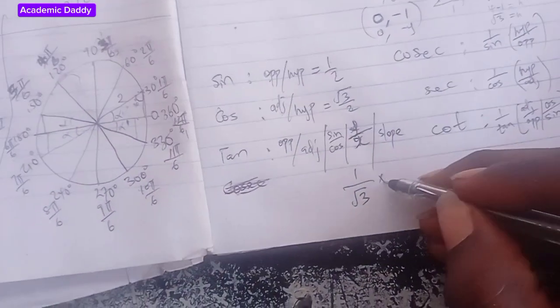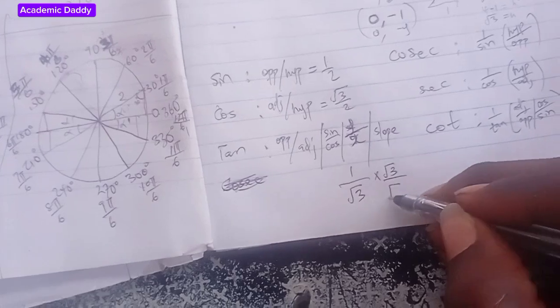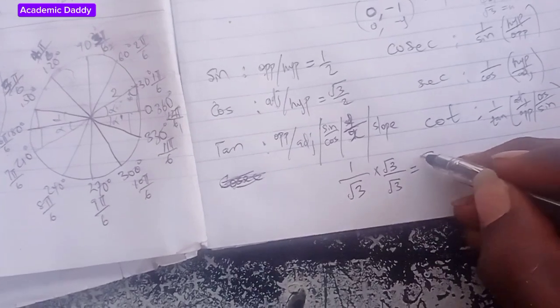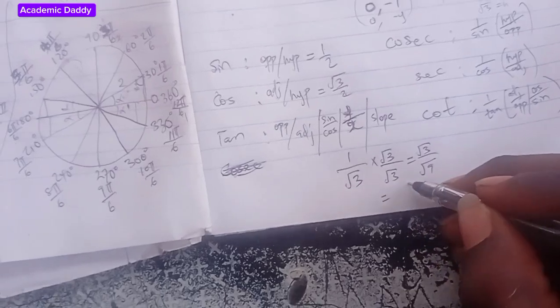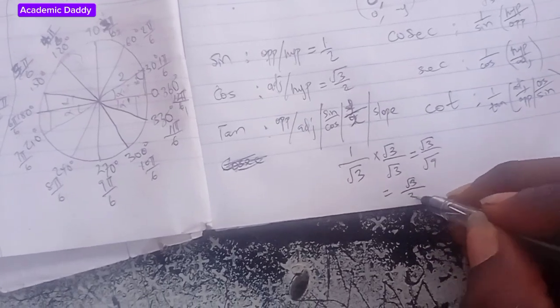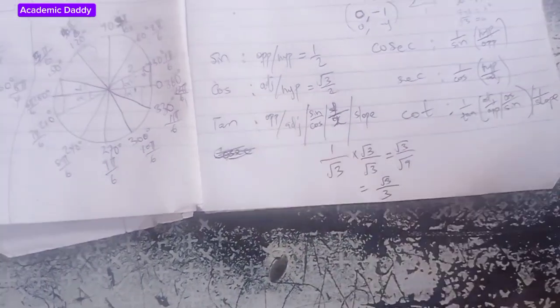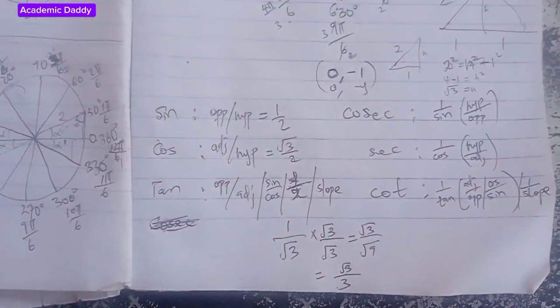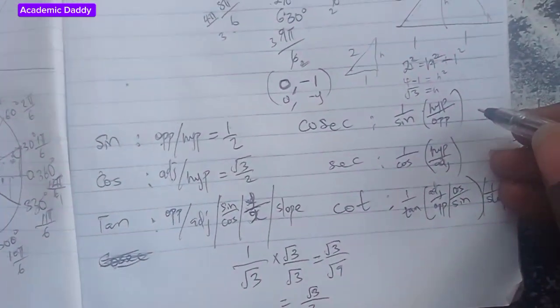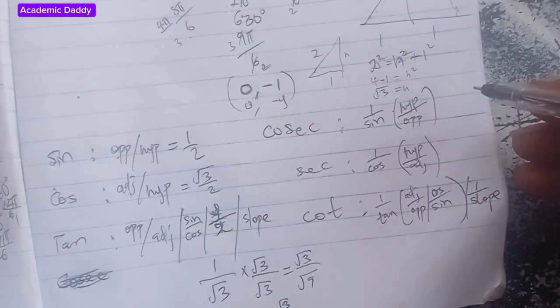And root 3 cannot be a denominator, so it's times root 3 over root 3. So this will be the same thing as saying root 3 over root 9, which equals root 3 over 3.